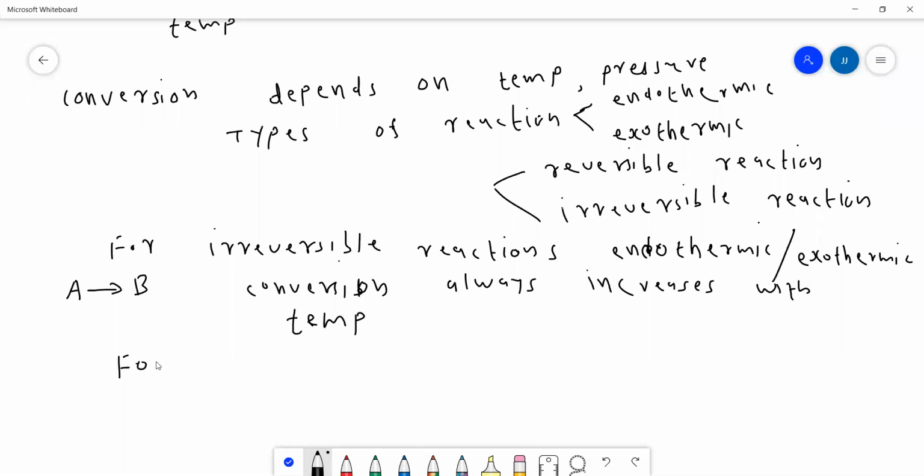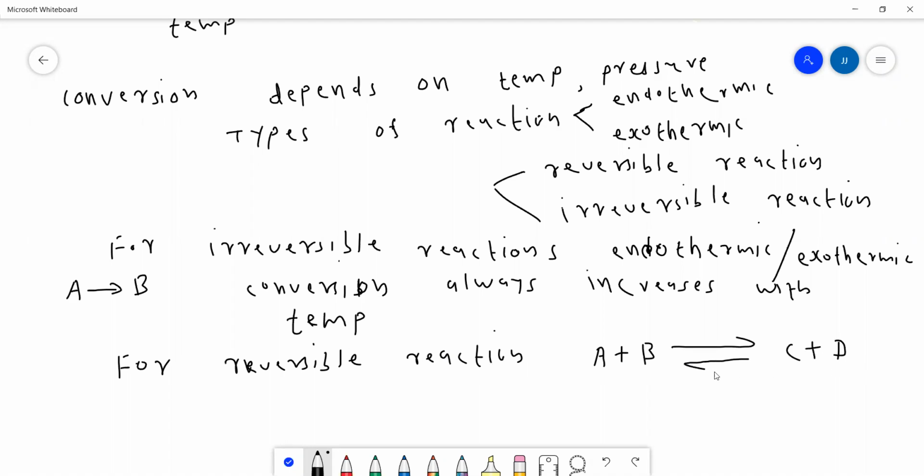But for a reversible reaction, for example, A plus B gives C plus D, this is the forward reaction.